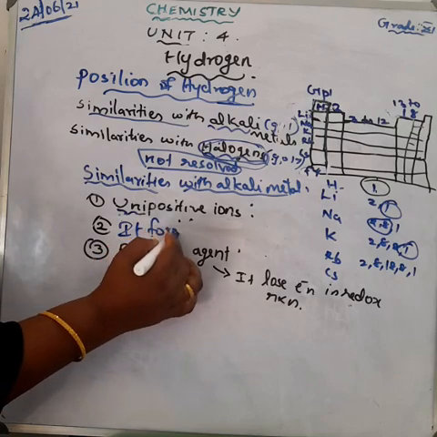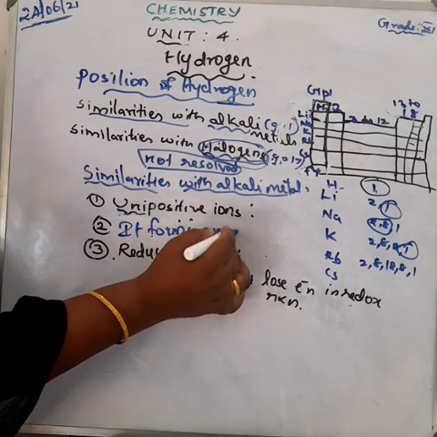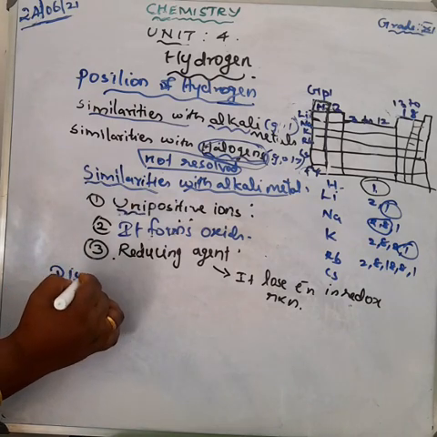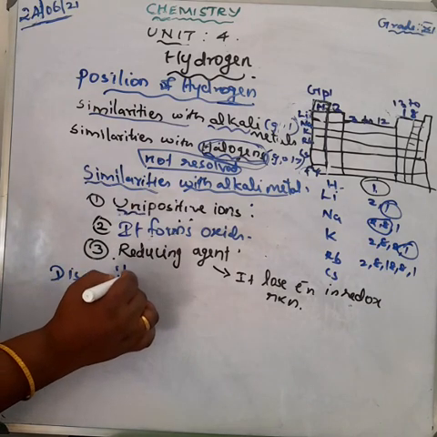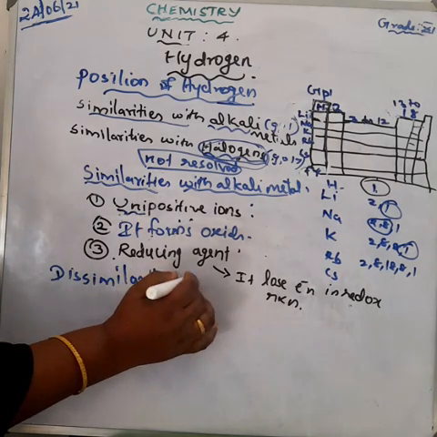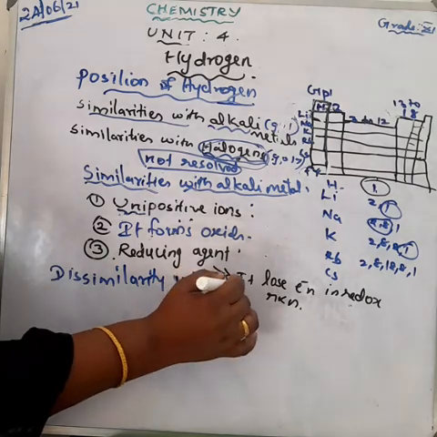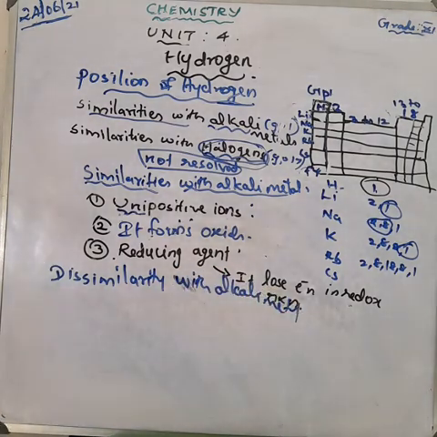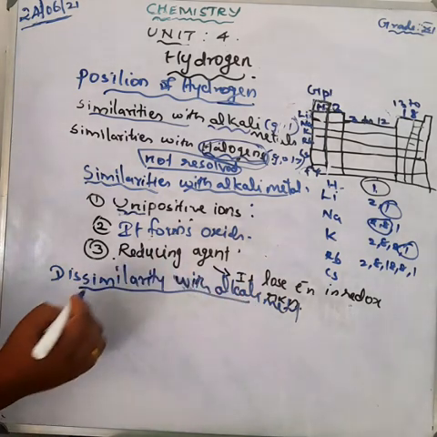But here there is also one dissimilar character. What is the dissimilar character? The alkali metals have ionization energy ranging from 377 to 520 kilojoule per mole.